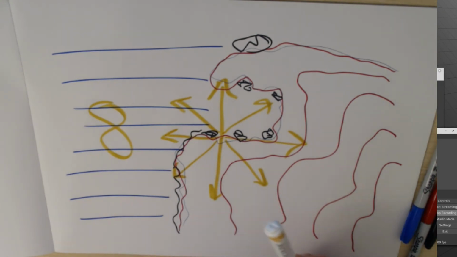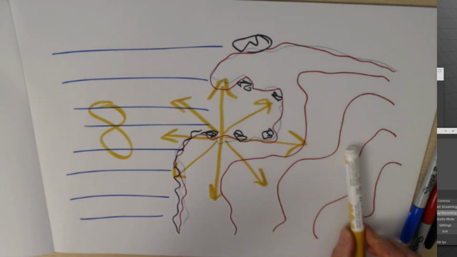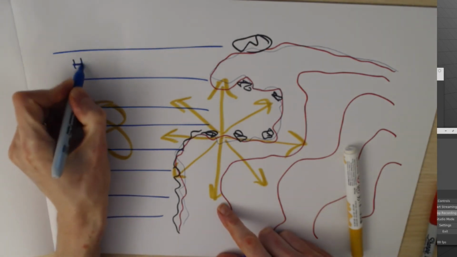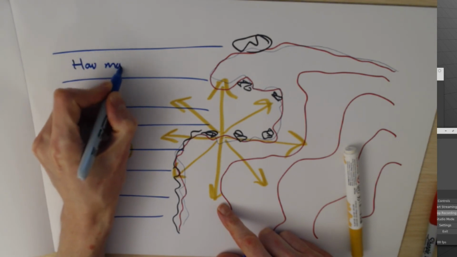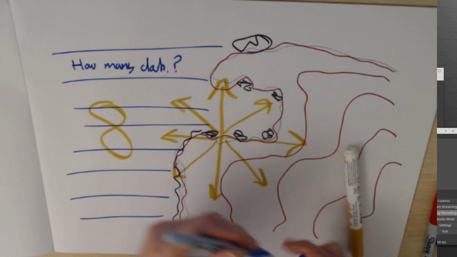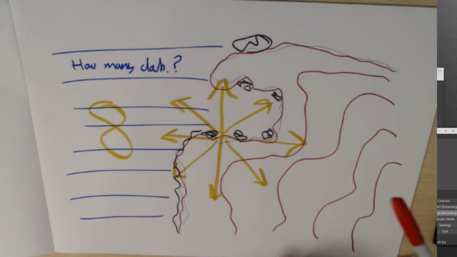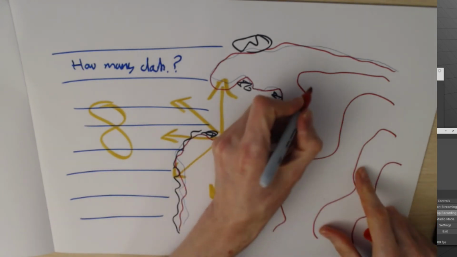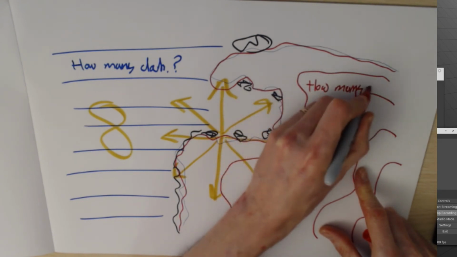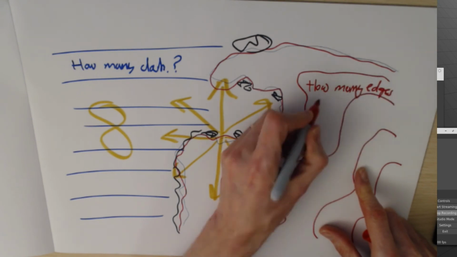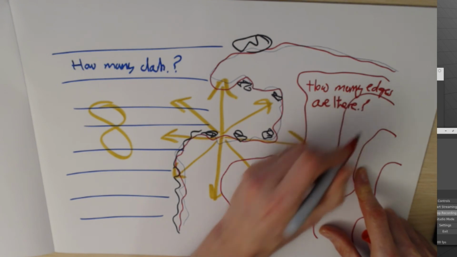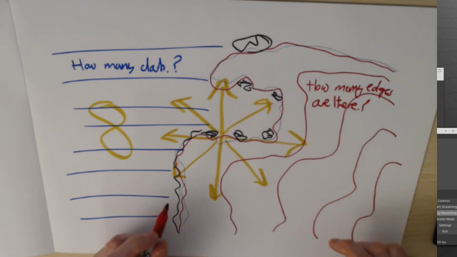And the way I scored it turned out to be a lot simpler than I thought. I added up how many pixels were dark. How many are dark? On this side, I asked, how many edges are there? How many edges are there? So this gives me a score.